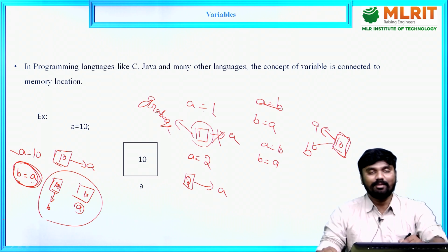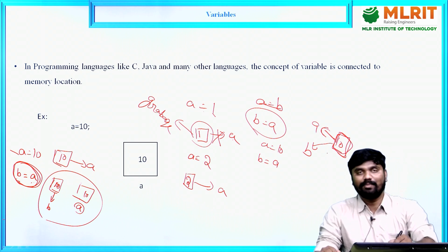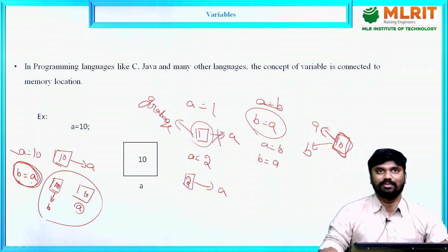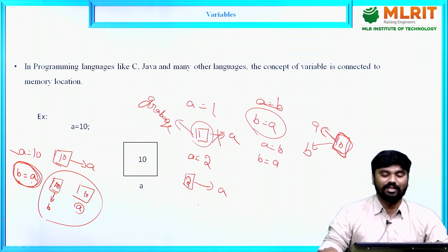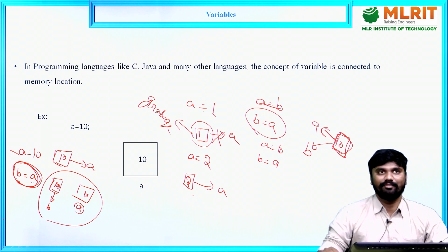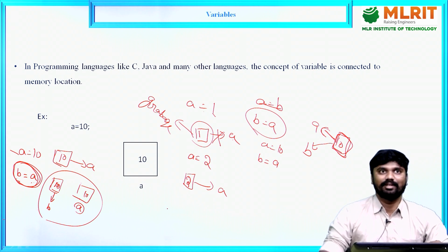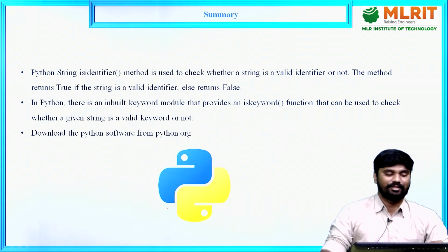But in Python, whenever you assign a variable to another variable, the same memory is represented with two names or two references. Due to this, memory utilization is more efficient in Python. So that is called variables. This is about variables.